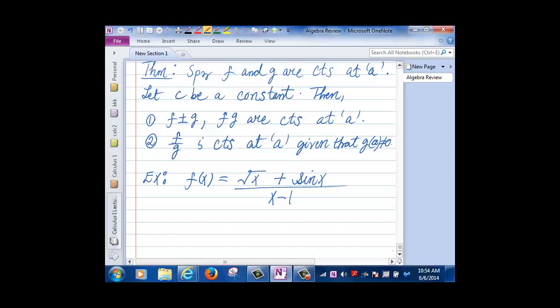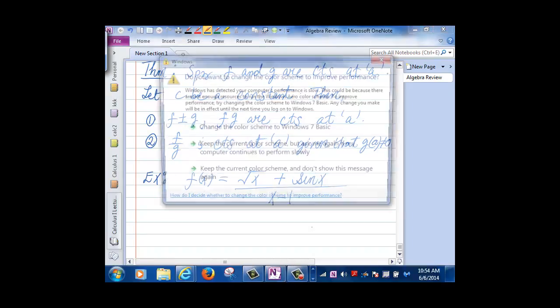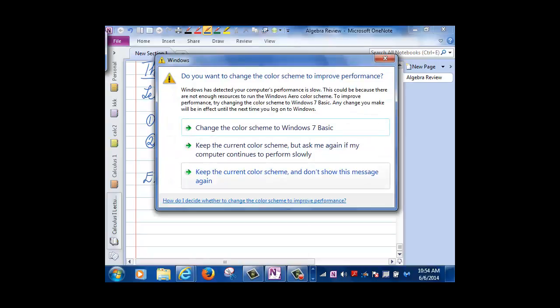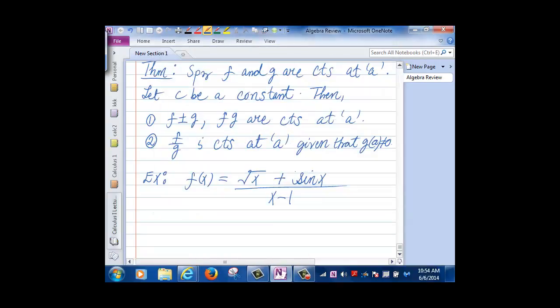So notice that the numerator together is continuous from 0 to infinity only, because of the root x, right? Denominator is continuous everywhere, so the ratio will be continuous where? Except at 1, because at 1 the denominator is 0, right?